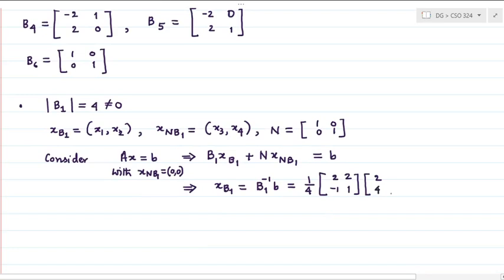Let us simplify it. You have 1/4 of 4 plus 8, which is 12, and minus 2 plus 4, which is 2. So therefore we have 3 and a half.